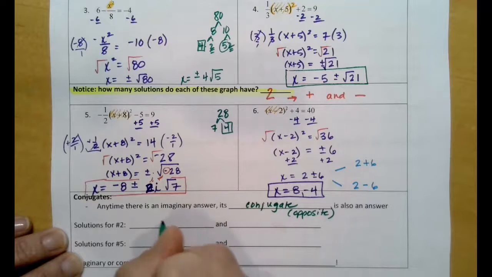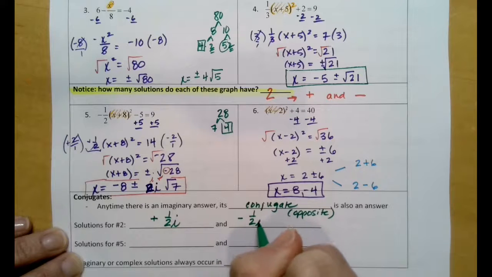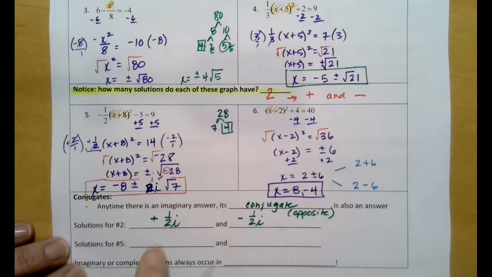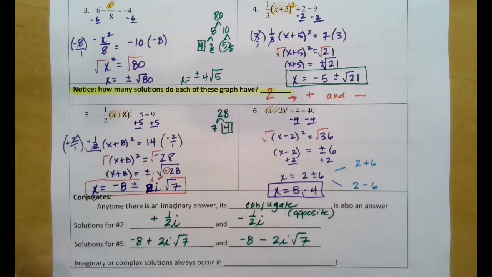We're going to have positive 1/2 i and negative 1/2 i. Look at number 5. I have negative 8 plus 2i root 7 and negative 8 minus 2i root 7. Imaginary or complex solutions always occur in pairs.